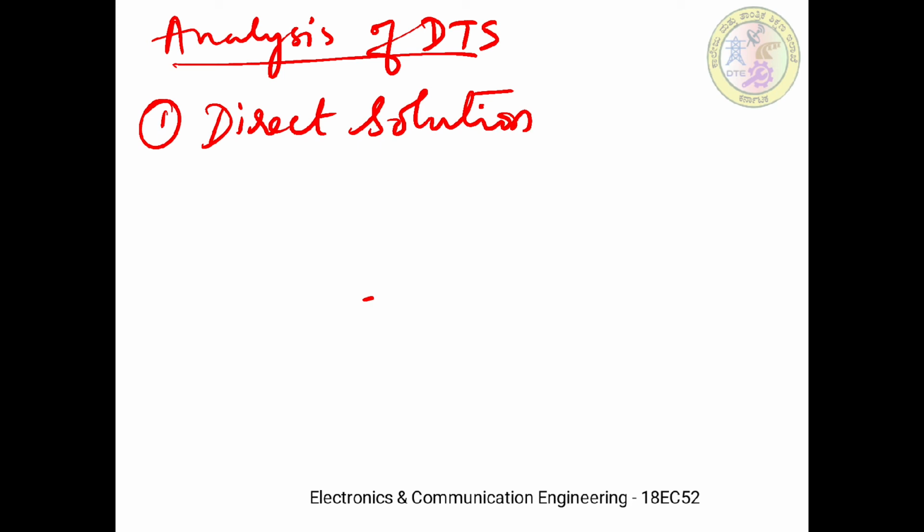This direct solution of the input output equation of the system has a general form like this.